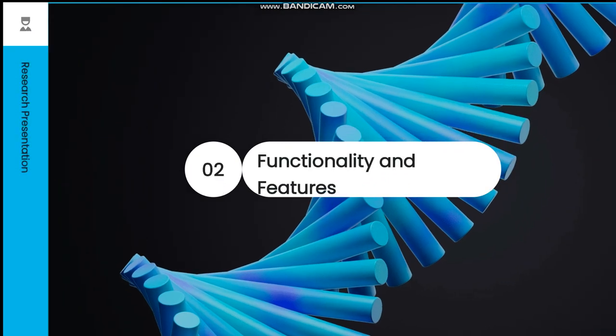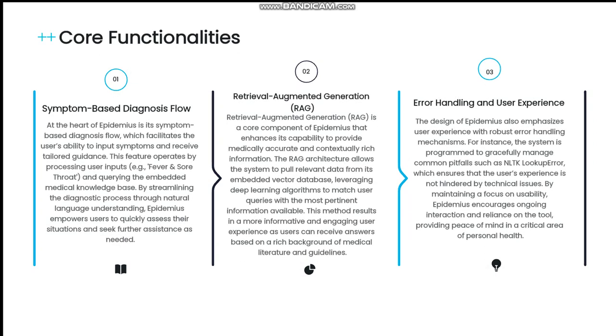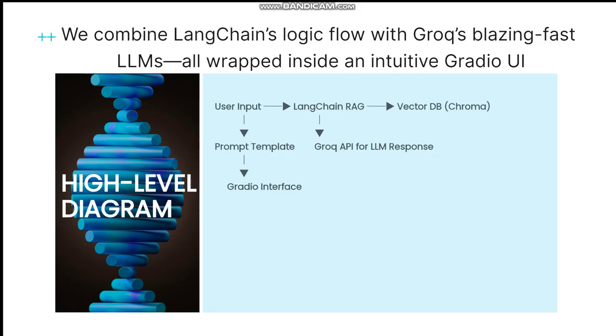Now we can go with the functionality and the features: we have the symptom-based diagnosis flow, we have the RAG system, we have error handling and user experience as well. As we connect these functionalities with the high-level system diagram, the user inputs symptoms into the Gradio interface. These symptoms are passed to LangChain retrieval augmented generation, which is RAG.